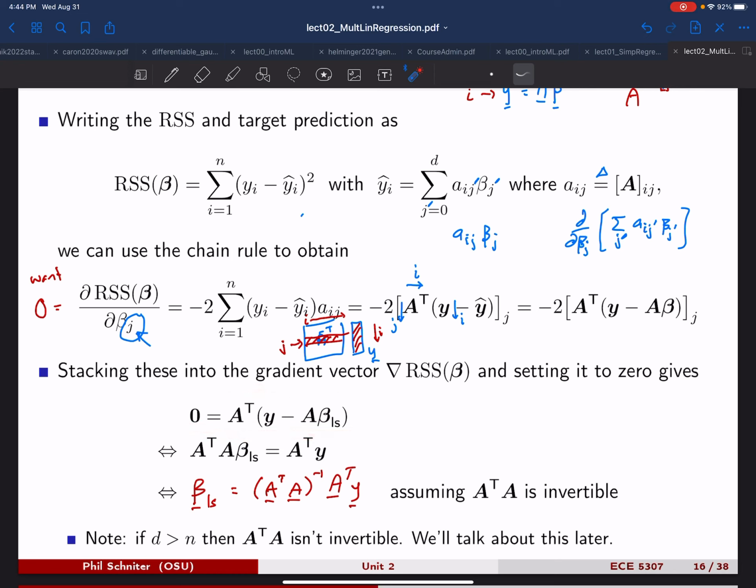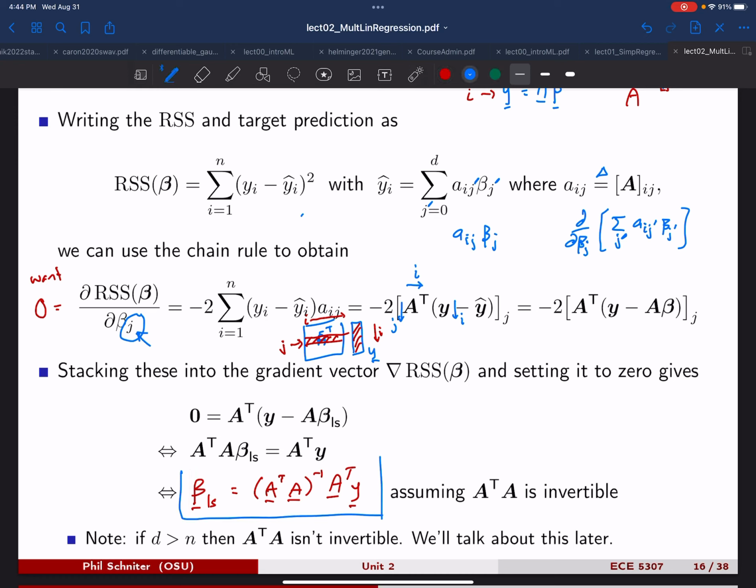Then we worked it around a little bit, solved this system of equations, and finally got our least squares solution for beta. This is how we can solve this fitting problem: create these matrices and vectors, and then just plug this into your favorite solver.